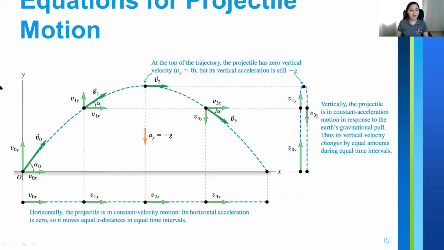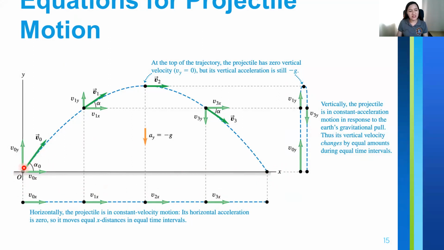Okay. So we can see here, from this picture, that the horizontal component of the velocity is constant. The horizontal component of the initial velocity would still be the same when it comes back.